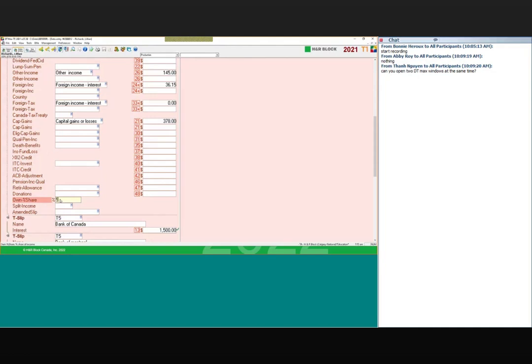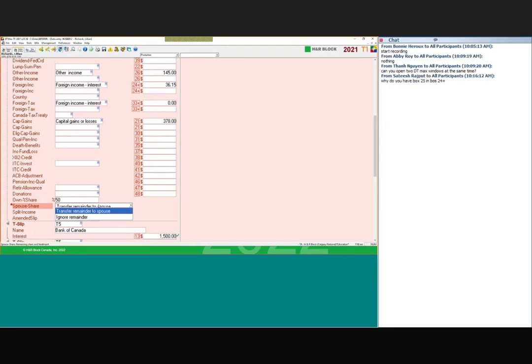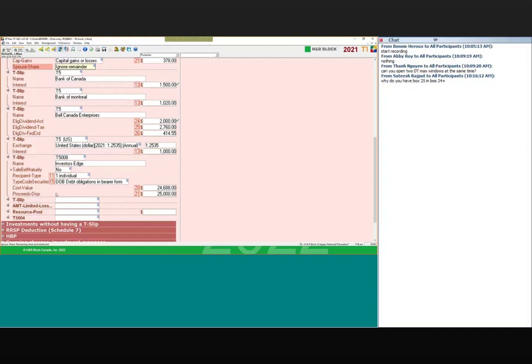Let's say 50%. Now Lillian is a widow, so it's irrelevant, but let's say that she did have a spouse and it was held jointly. We'd ask, and let's assume 50%. Then the software asks you, do you want the remainder to be transferred to the spouse, particularly if you're doing linked returns? So yes, you would, or you can ignore the remainder. That's a really useful tool, and we will see that.